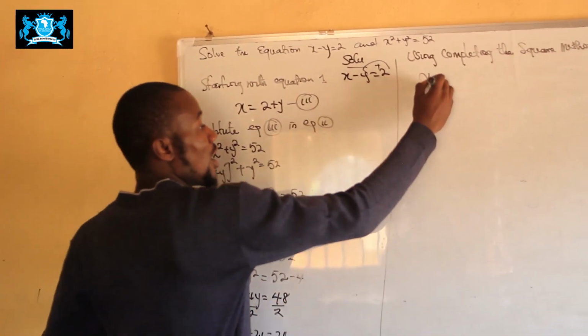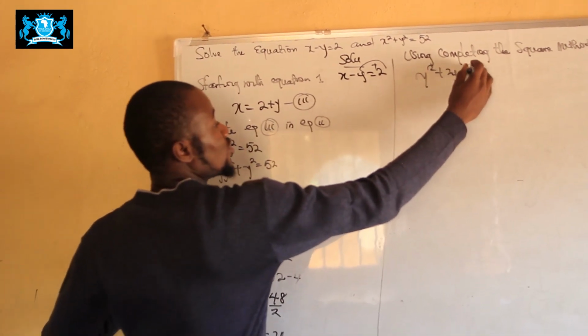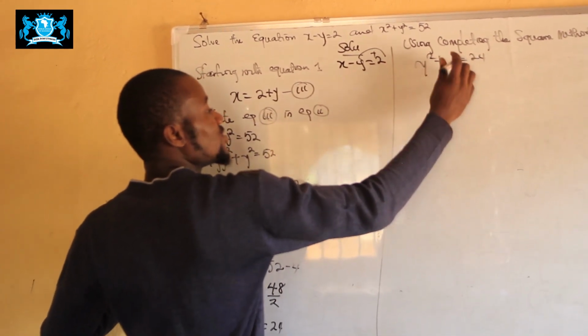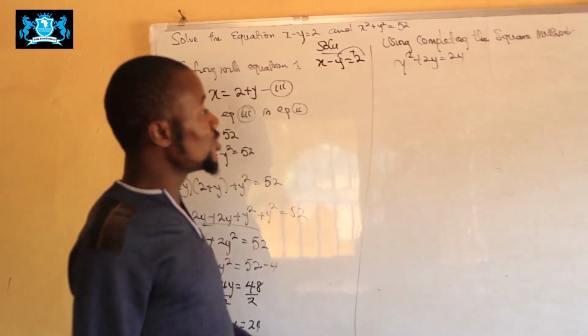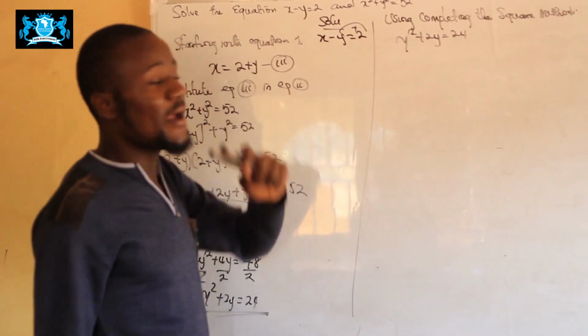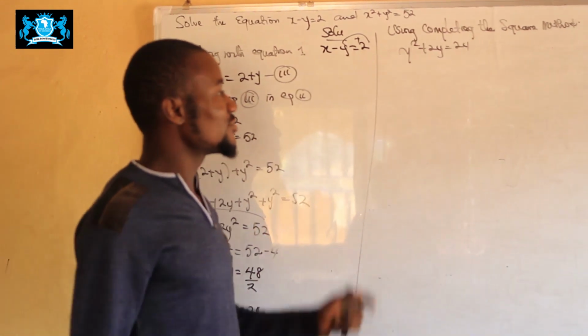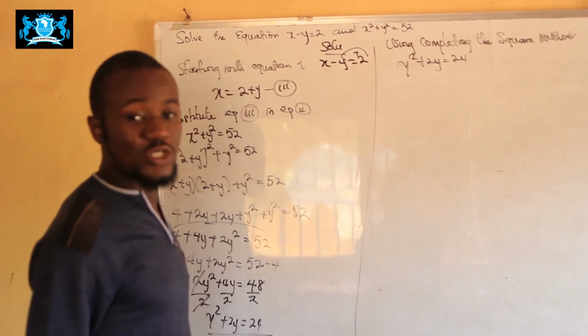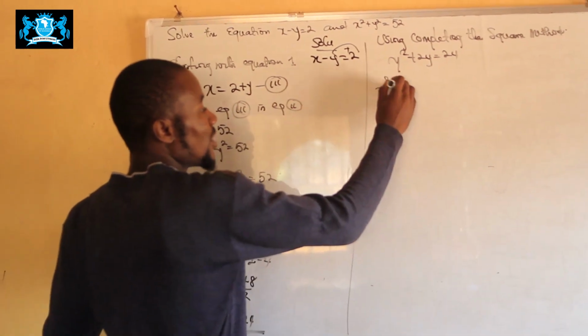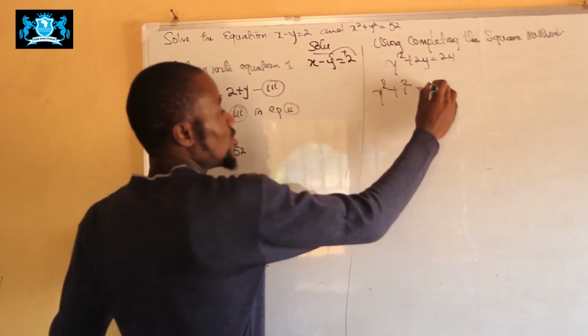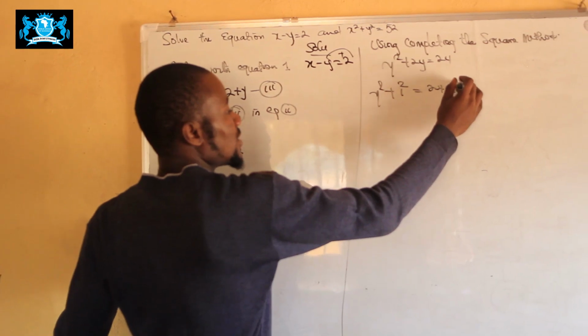We have y squared plus 2y is equal to 24. y squared is already a unity. So the next thing we need to do is to multiply the coefficient of y by half and square it on both sides. The coefficient of y there is 2, multiply it by half to give us 1. Square it on both sides, you have y squared plus 2y plus 1 squared is equal to 24 plus 1 squared.